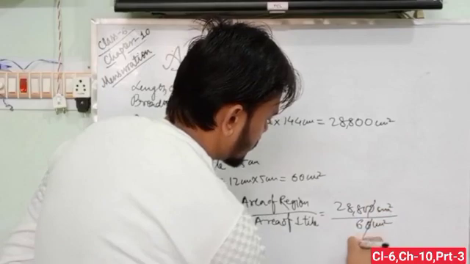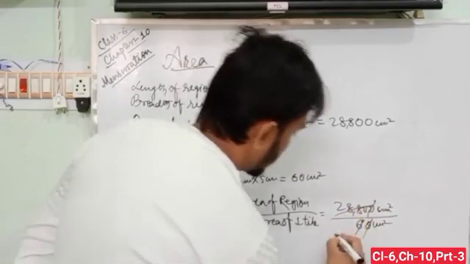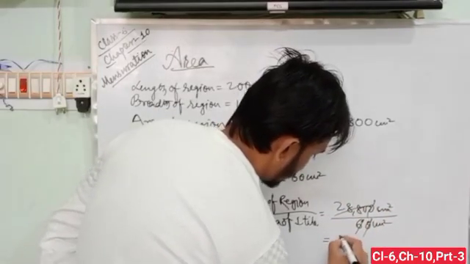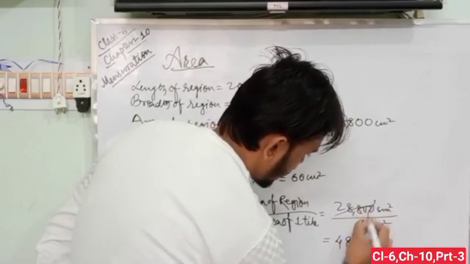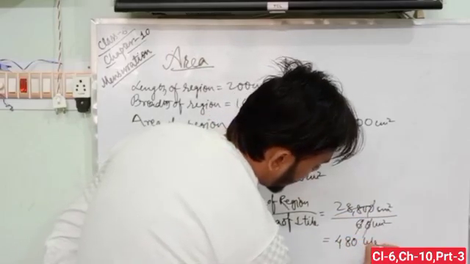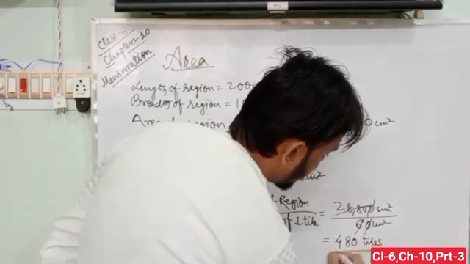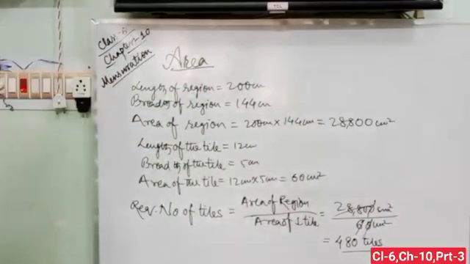So 10 to 10, 6 4s are 24, 6 8s are 48, and 480 tiles will be needed to cover this region.